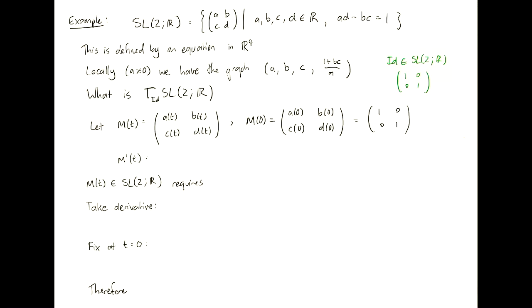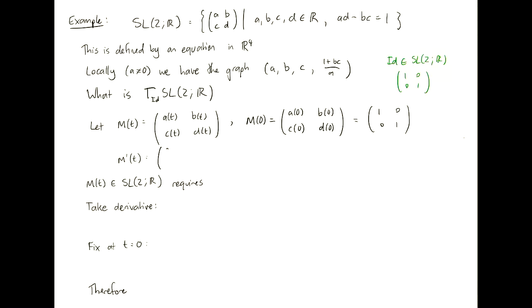Okay, so we have our M of t, and it's just a matrix where all of the terms are parameterized by t. Well, to work out M dash of t, its total derivative, maybe what I'm about to do is something you haven't done before, but if you want to take the derivative of a matrix, you can just take the derivative of its entries.